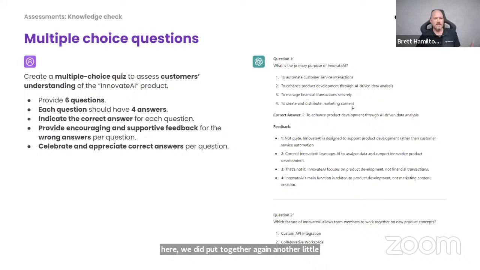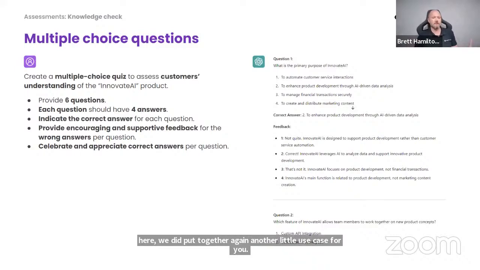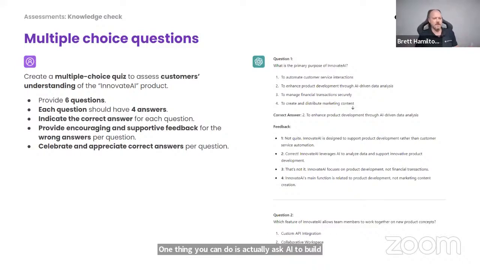One thing you can do is ask AI to build you a multiple choice quiz to assess customers' understanding of the innovative AI product. So we could take ChatGPT, look at this little PowerPoint presentation that we put together, and create an assessment from that. We could say, provide 6 questions.